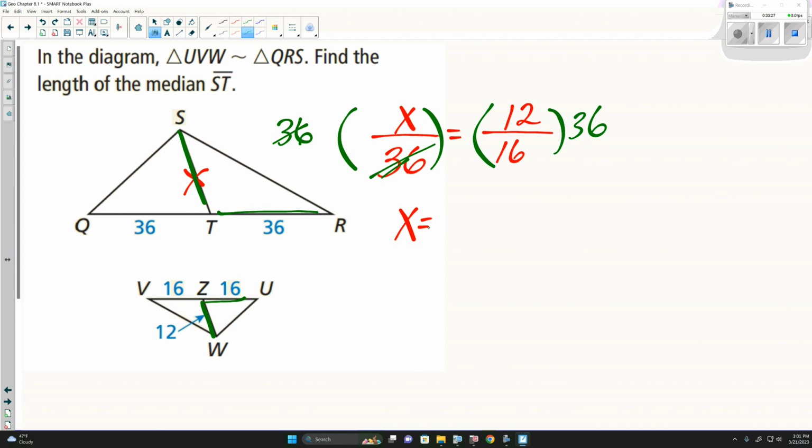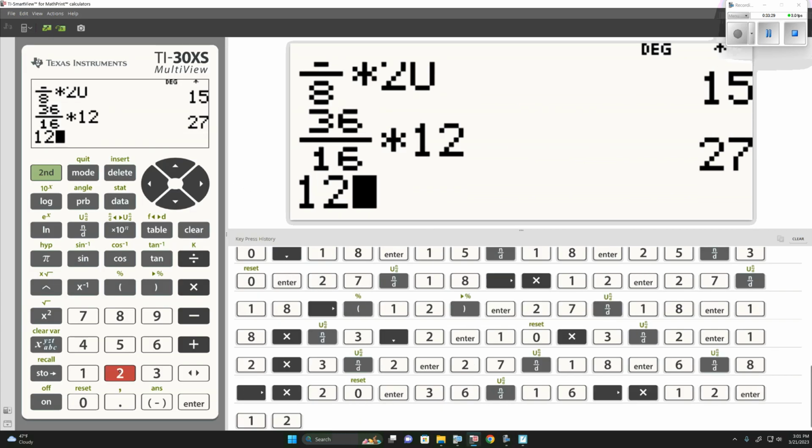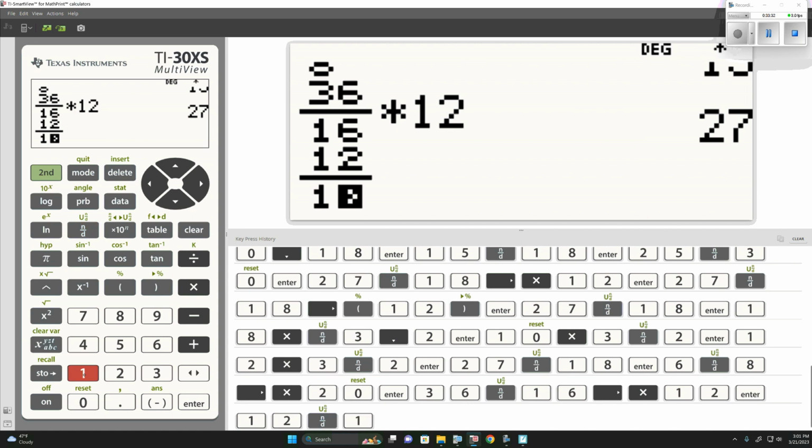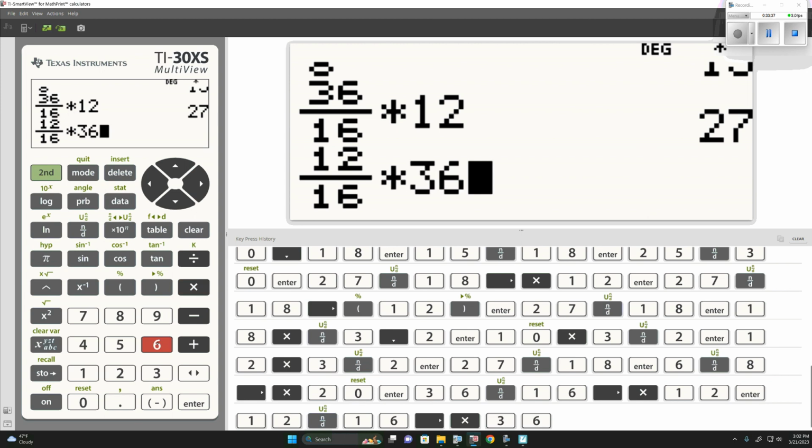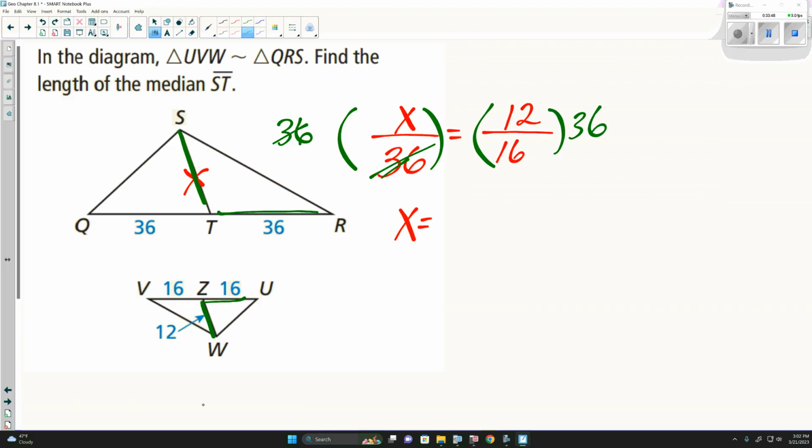And this time we're doing 12 over 16 times 36, yes? And we get the same thing. Because in either case, the two numbers that are on top are both 12 and 36. So we end up getting the same thing. Because again, we're talking about proportionality. So as long as we keep the proportionality the same, we should get the same amount.